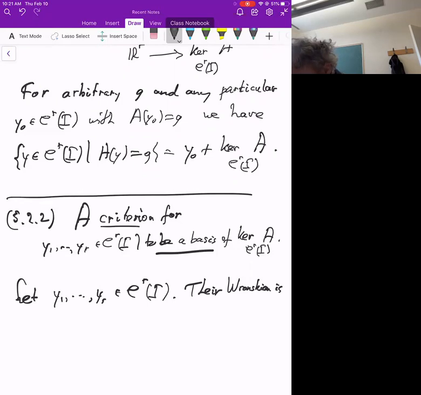Let me just write a W here, but if I want to show how it depends on y1 to yR, I'll write it this way. It's the determinant of the matrix with first row y1 to yR, then in the next row you take the derivatives, and in the R-th row you take the R minus 1 derivatives.